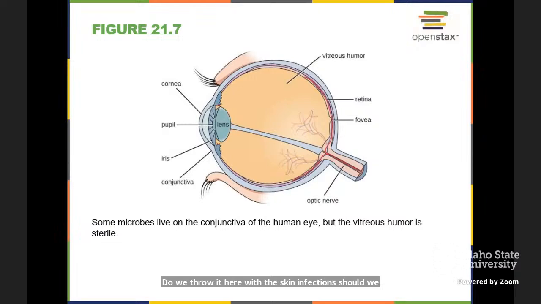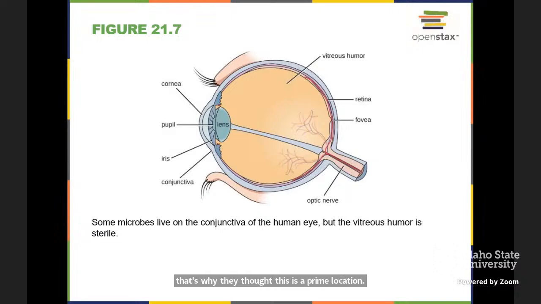Where does it truly fit? Either place, I think, could warrant placement. So, with the skin organisms, there are potentials for some of our normal flora to be found on the conjunctiva of the eye. And really, I think that's why they thought this is a prime location to put these guys, because we're talking skin stuff.